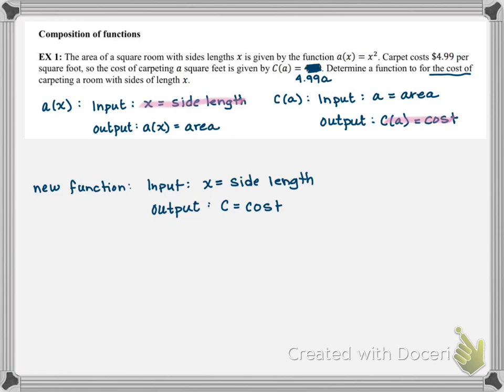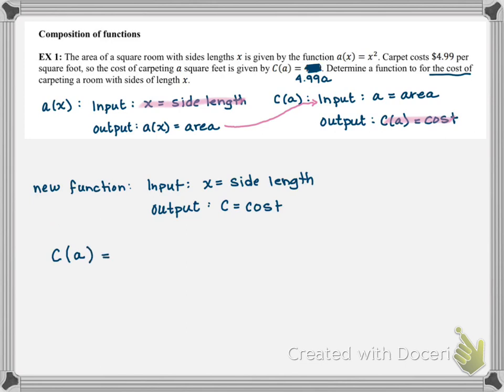But conveniently, the output of the first function is the input of the second one. Those are the same thing. So if I want to write a new function that takes side length in and gives me cost out, I'm going to take my cost function and plug area into that.